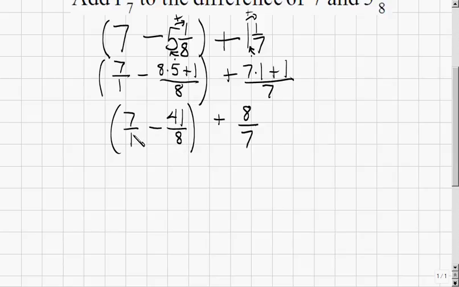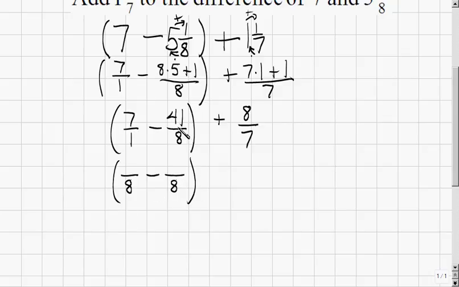Let's next subtract 7 over 1 minus 41 over 8. We recall, in order to add or subtract fractions, we need common denominators. The common denominator between 1 and 8 is the smallest number both of these denominators divide into. The smallest number would be 8. So we want both of these fractions to have the same common denominator.